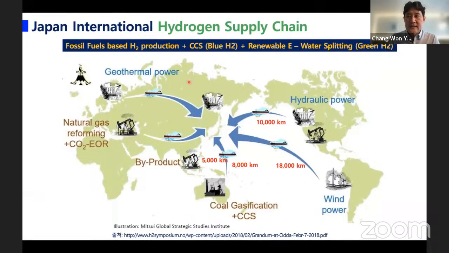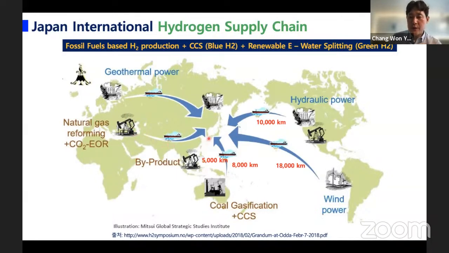Based on these long distance hydrogen carrier technologies, the Japanese government constructed an international hydrogen supply chain to secure hydrogen supply for Japan. From Brunei, the hydrogen will be transported in the form of LOHC, and liquid hydrogen or ammonia will be transported from Australia into Japan. The Middle East produces ammonia, which will be transported into Japan.